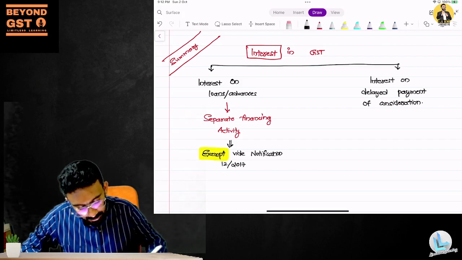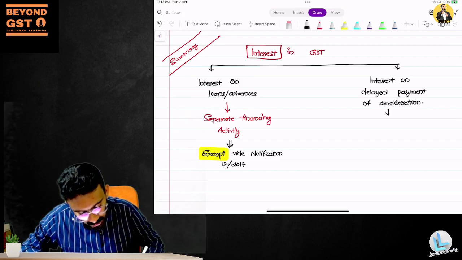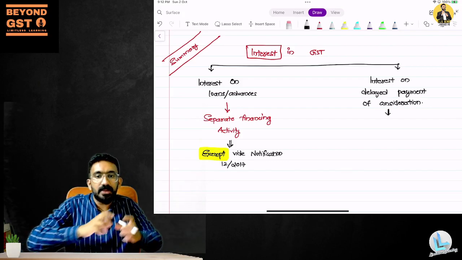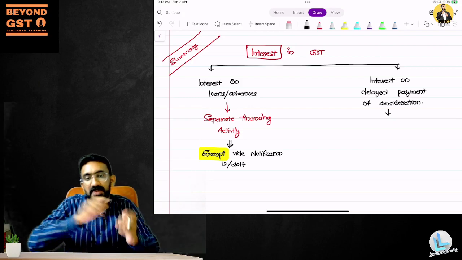Interest on delayed payment of consideration is taxable, but how is it? How do I separate an interest on delayed payment from interest which is a separate financing activity?